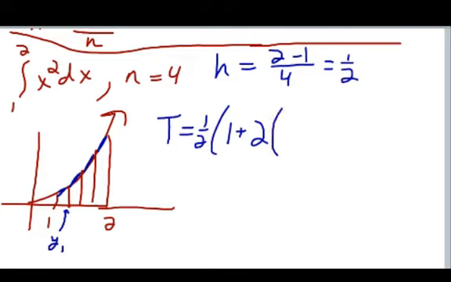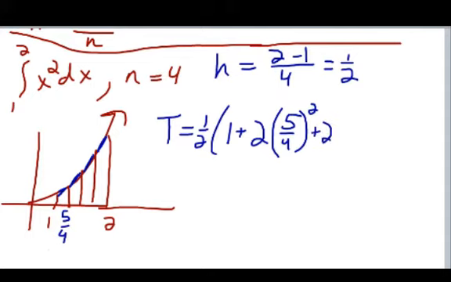Well, it's 2 times... Well, if we're breaking up into 4 pieces, what is the x value down there? You know what I'm saying? Isn't it 5 over 4? Oh, yeah. Okay. So 2 times 5 over 4 squared, right?